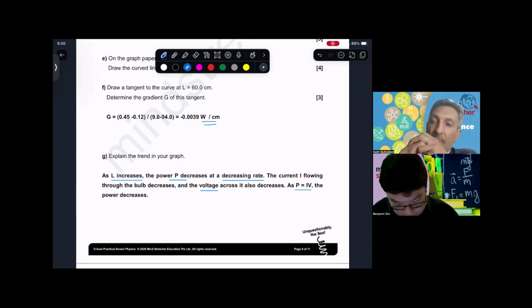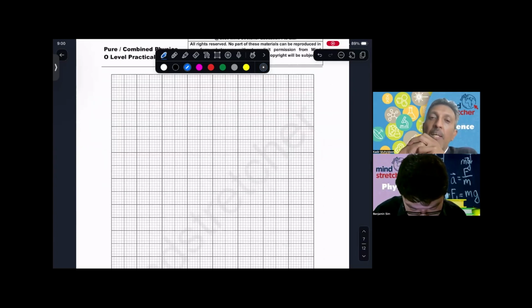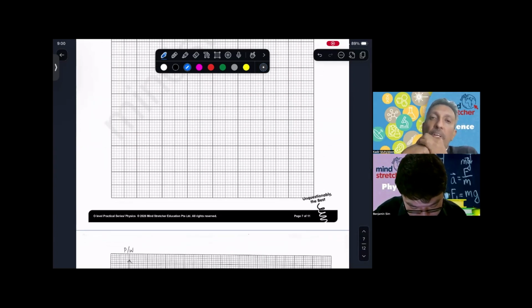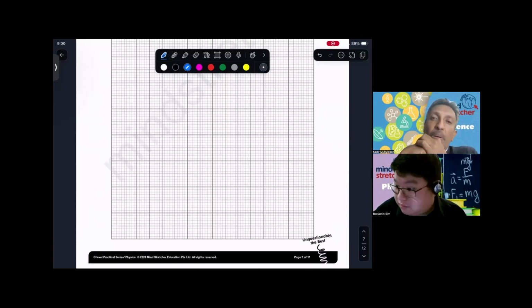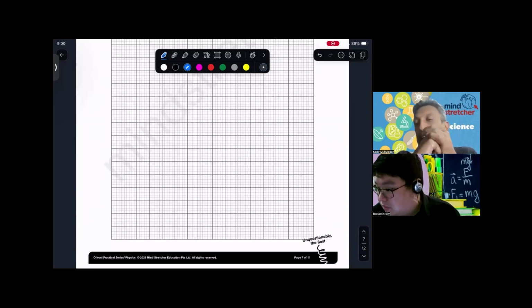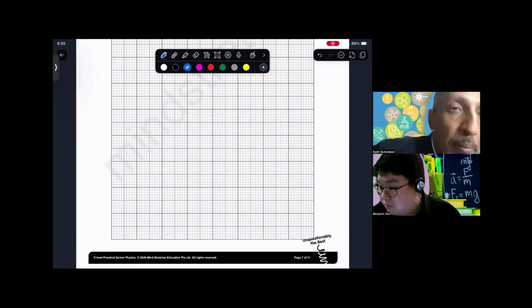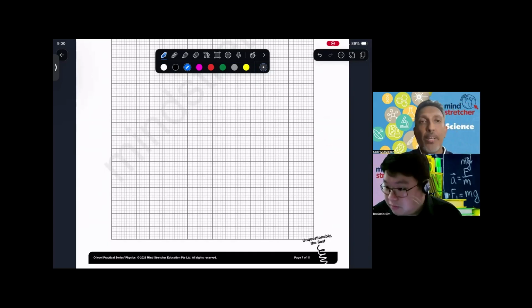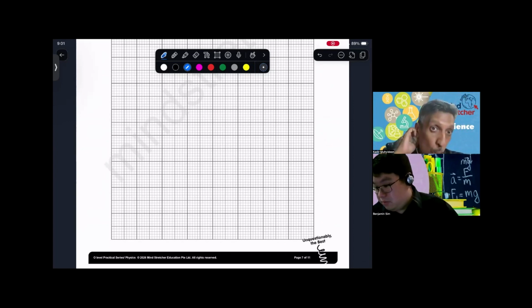When you look at the data, you must know how. Like this particular question, you really have to deal with quite a lot of points to plot. In the actual exam, you probably only have to plot about 5 or 6 points. But this is just an exercise so that by looking at the table, you must know what is the best scale.